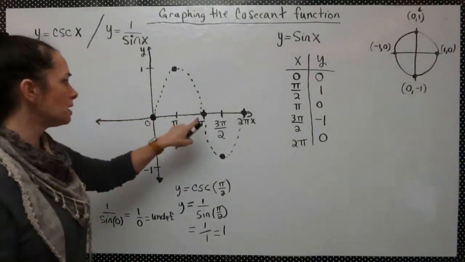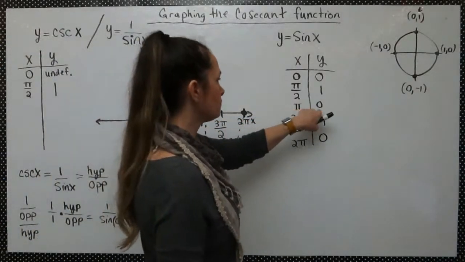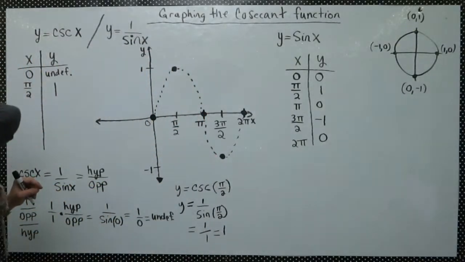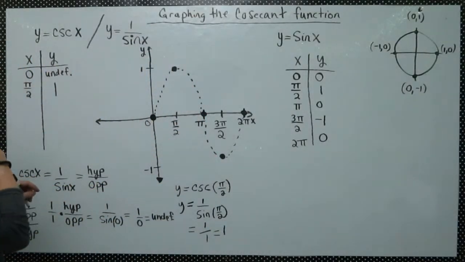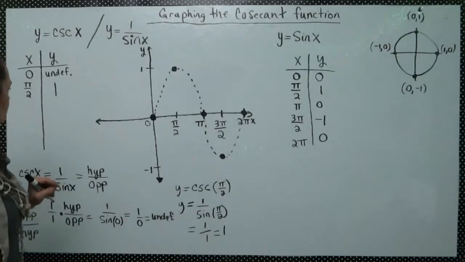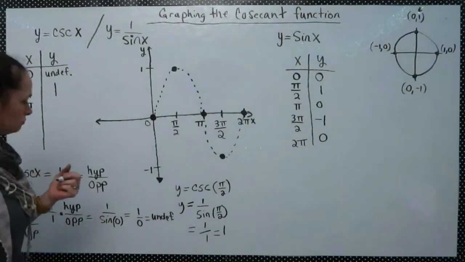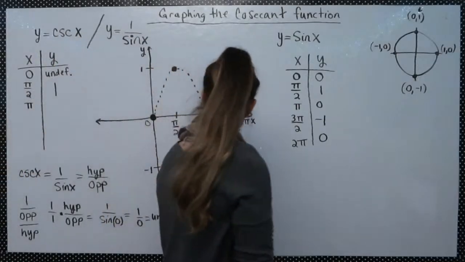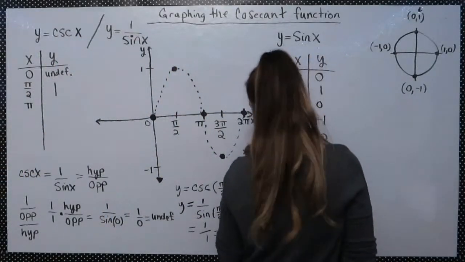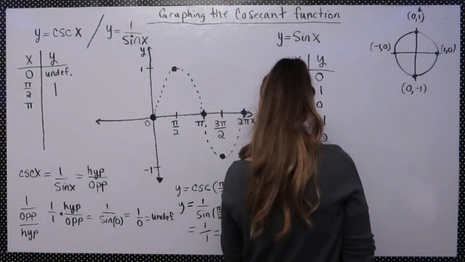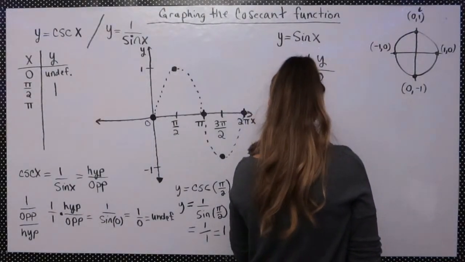Let's go to pi and see what's going on at pi, and see if this will help us to also write the domain and range of the cosecant graph. So y equals the cosecant of pi.